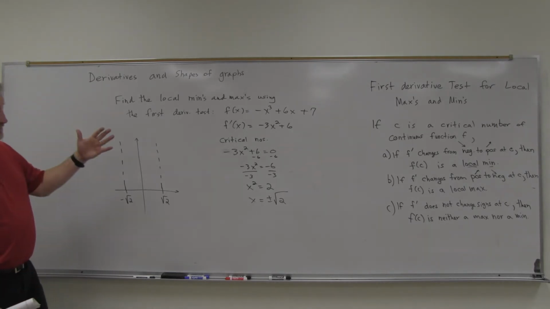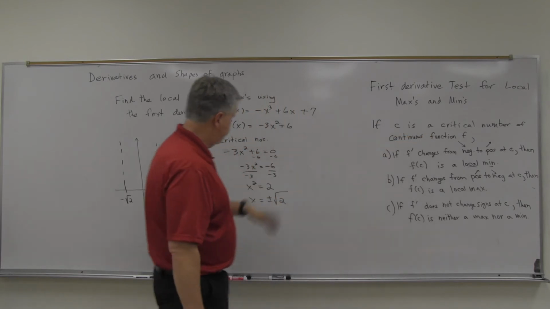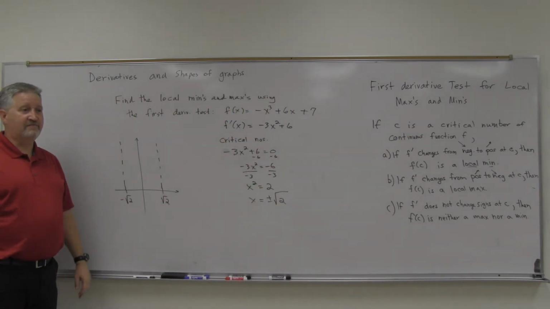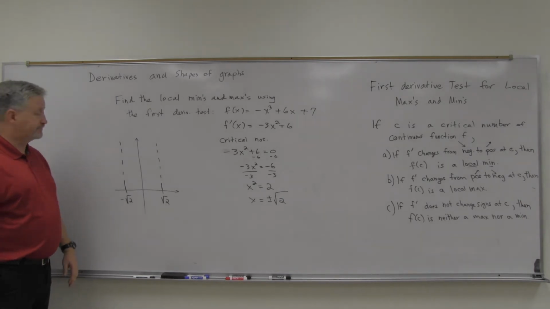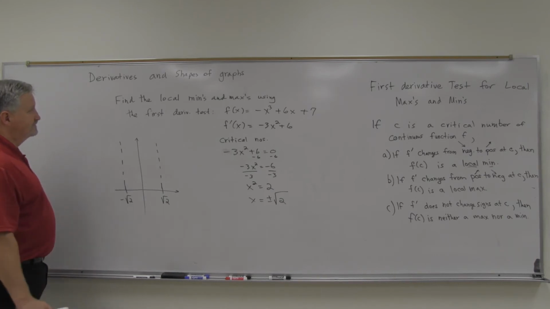Because for this first derivative test, I'm interested in negative to positive or positive to negative at these critical numbers. So I'm going to look at the very same thing I was looking for with increasing and decreasing. You kind of get 2 for 1, if you will.